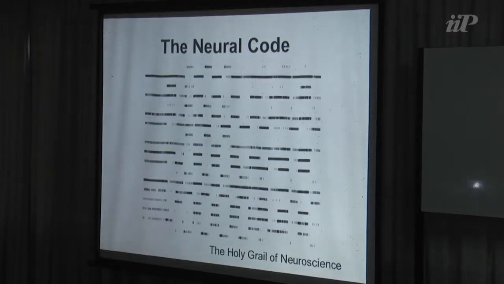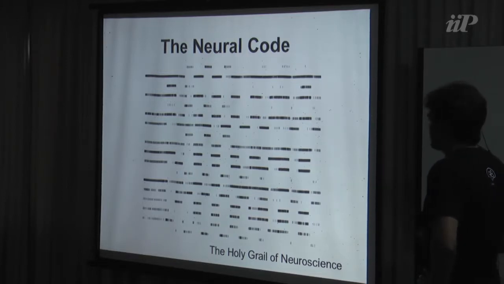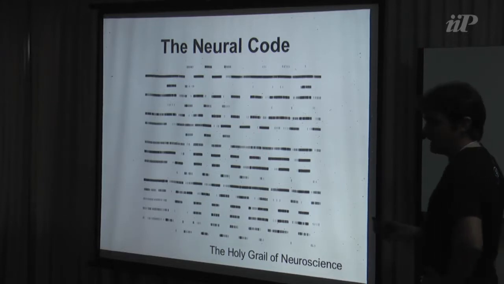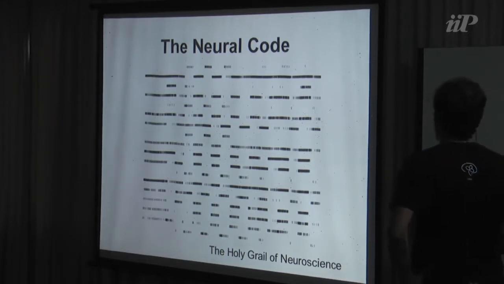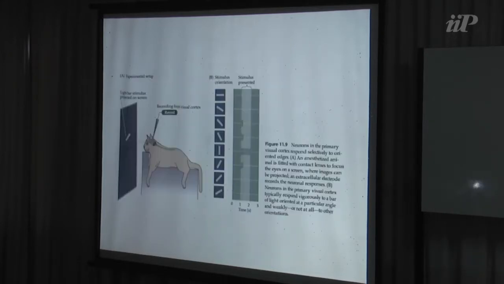Okay, so we saw just a couple of examples. So how's the neural code, right? Because again, we have these bar graphs. So now we know that there are neurons that spike in a given region of space. We have grid cells. And on the other hand, we have these similarly specialized neurons that are very specific for some features. Just to put it on the plate, we know about the tuning curve, right?